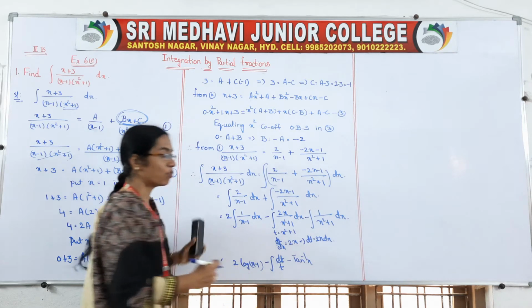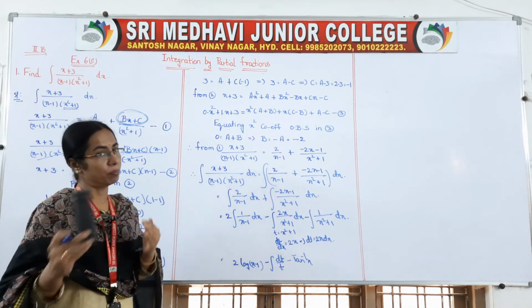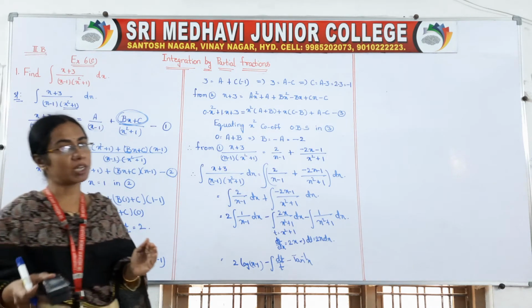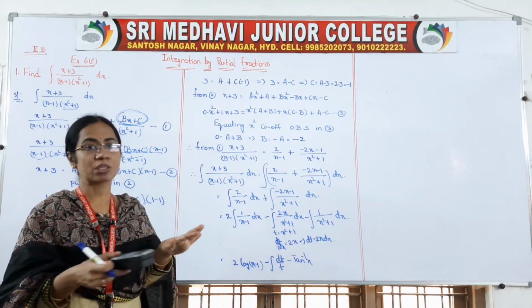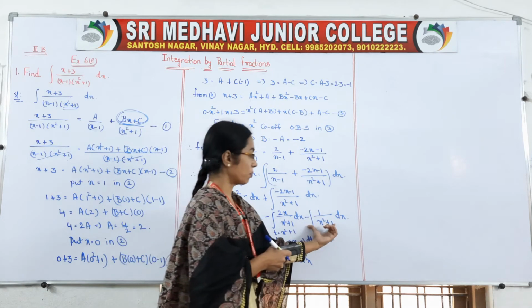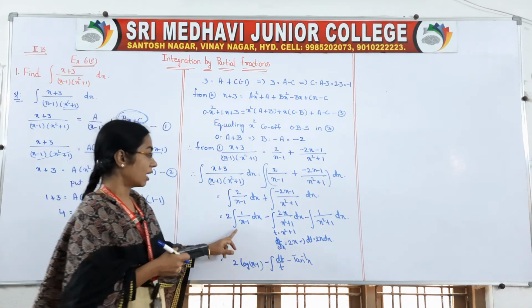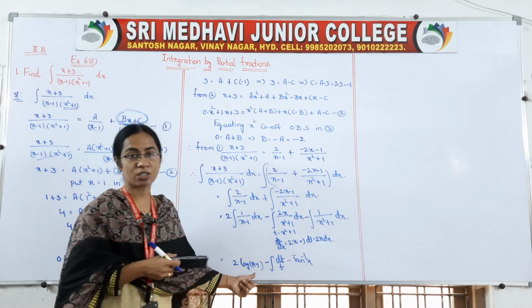It is a standard form. Actually, after resolving the given question into partial fractions and applying the integral, it comes into some standard formula form. See, it is a standard formula: the integral of 1 by (x square plus 1) is tan inverse x, and the integral of 1 by (x minus 1) is log of (x minus 1).